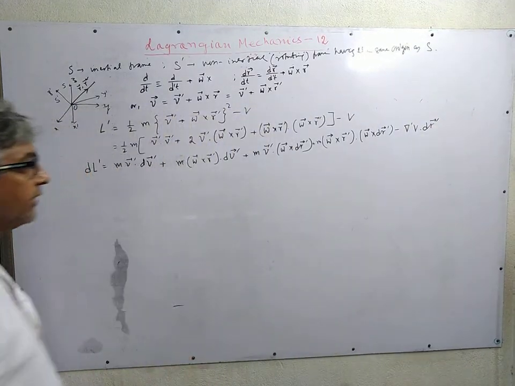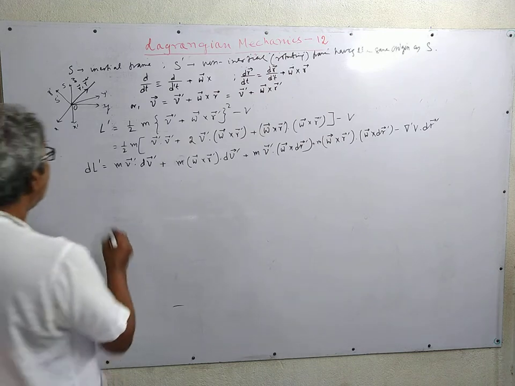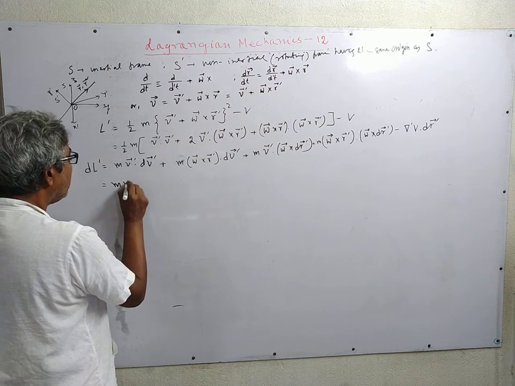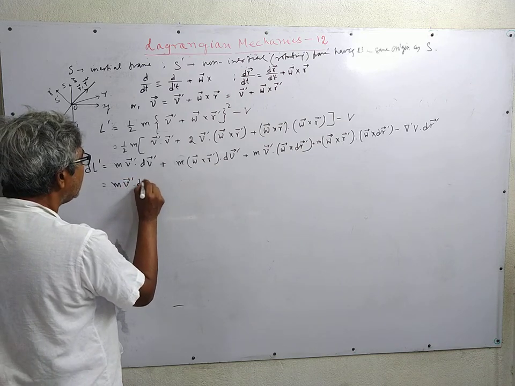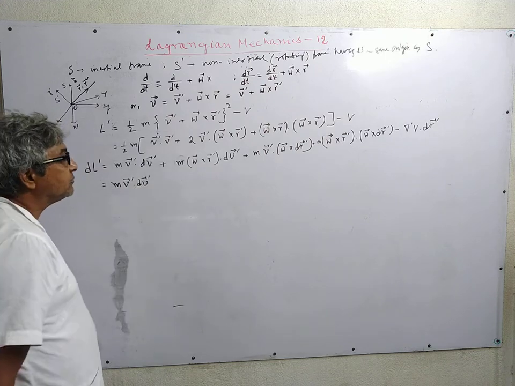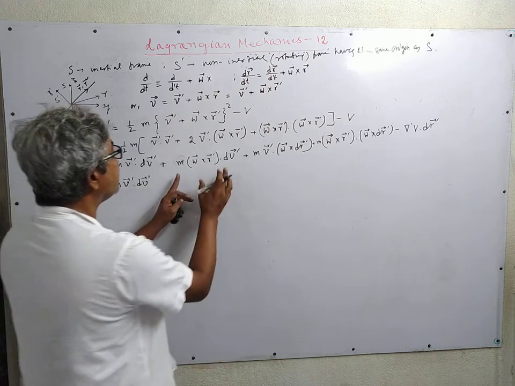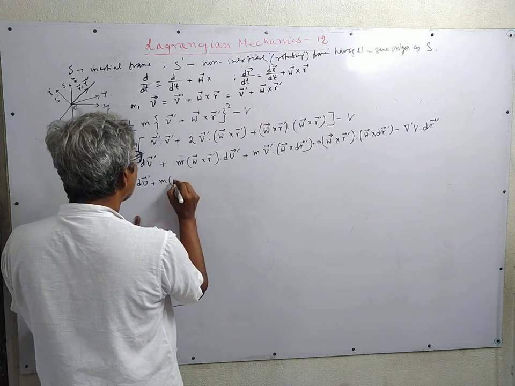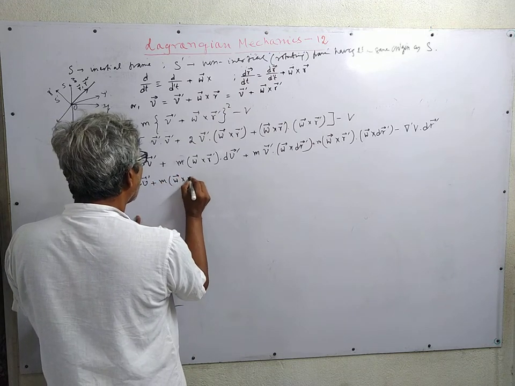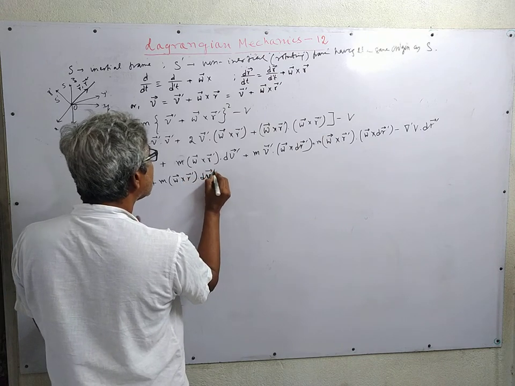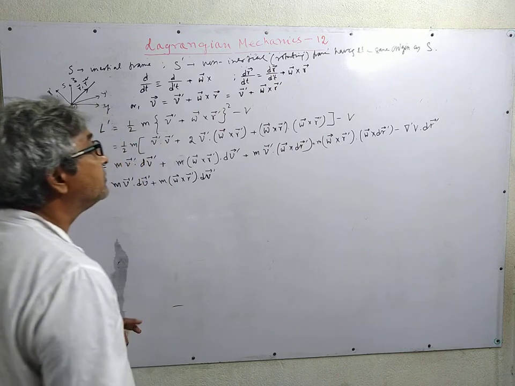So let me rearrange the terms. First term, m v'·dv'. This is the contribution of this term. There is another contribution to this. This is m (ω cross r')·dv'. This is the contribution from all dv'.